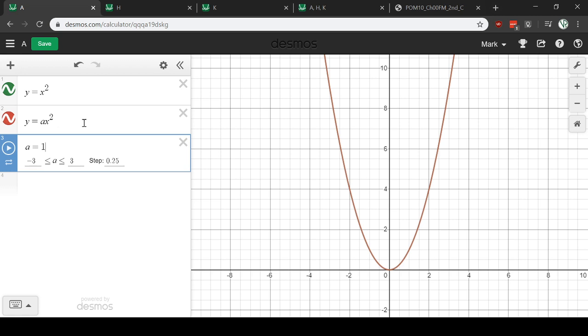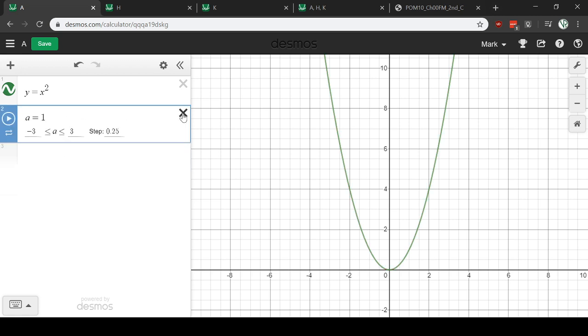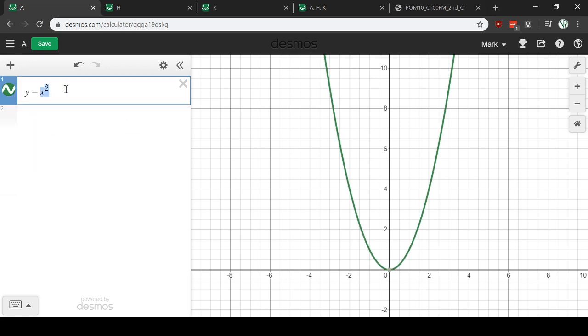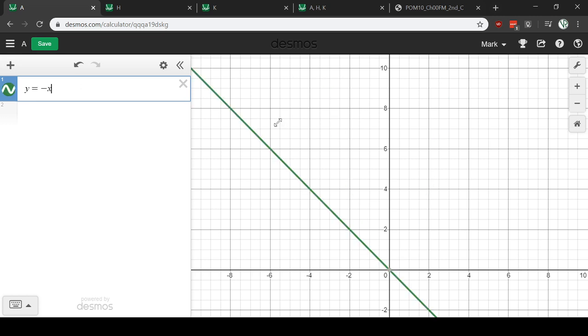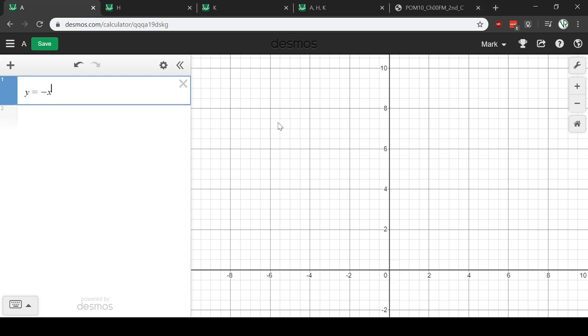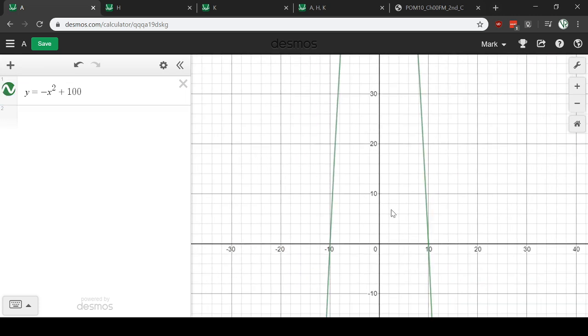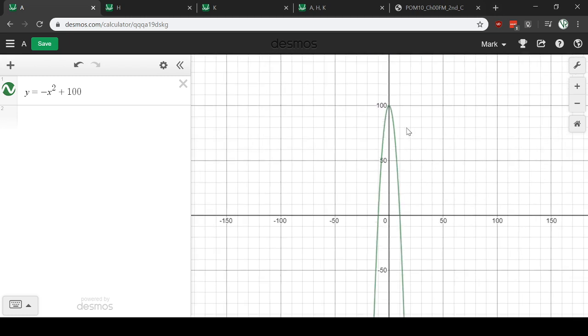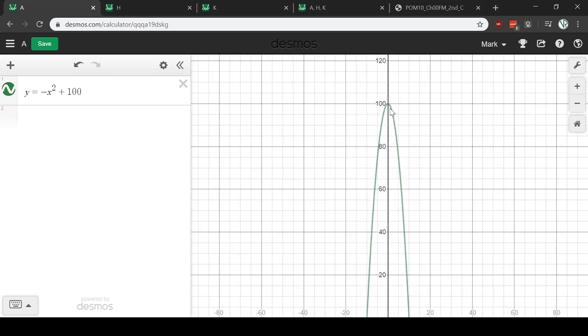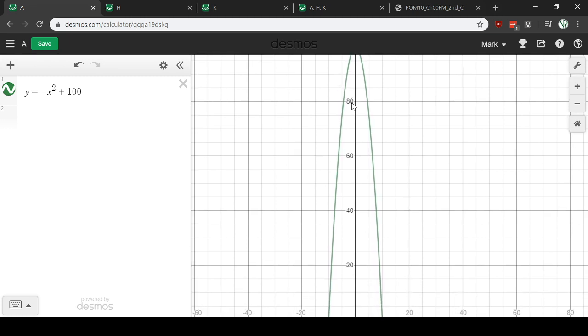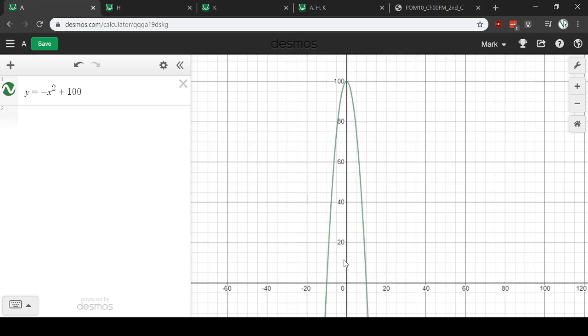Desmos graph of 100. It graphs, so the area is 10.